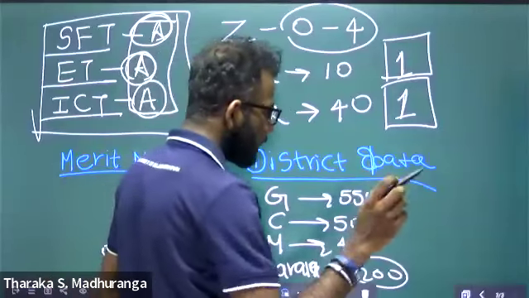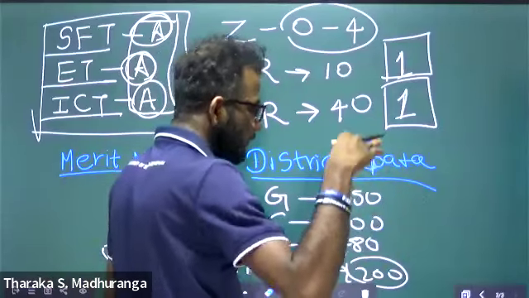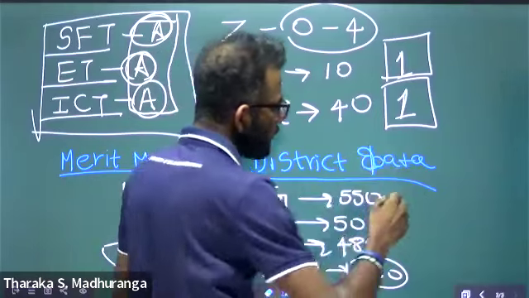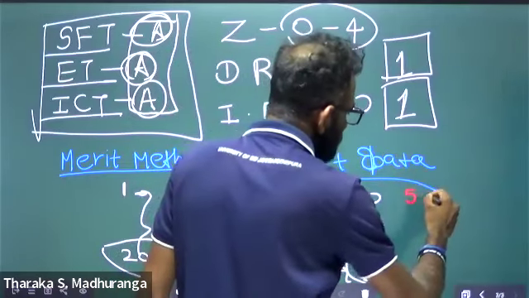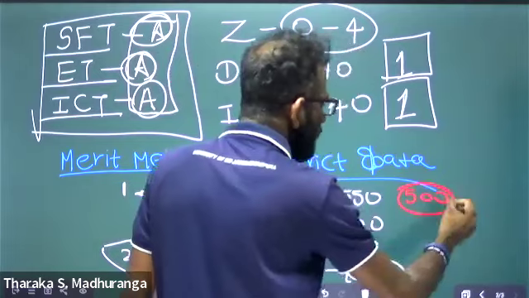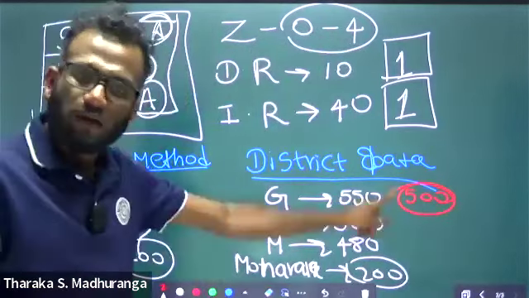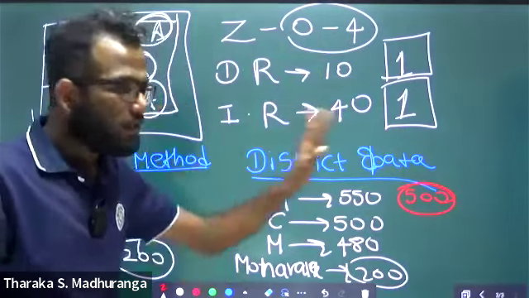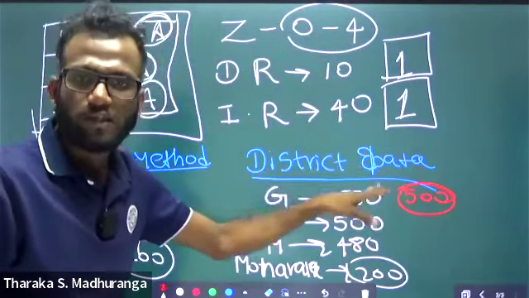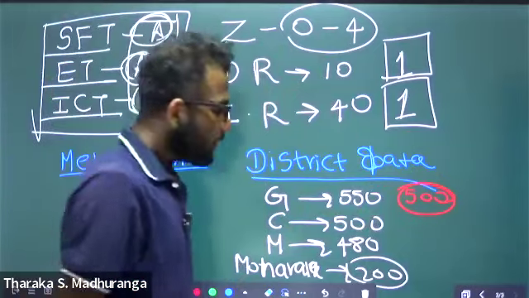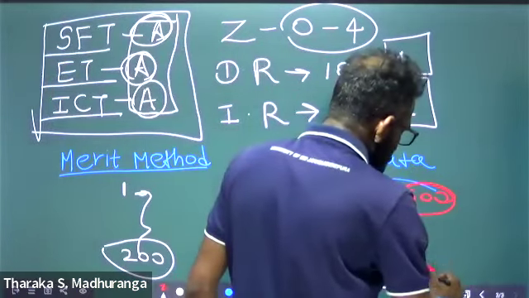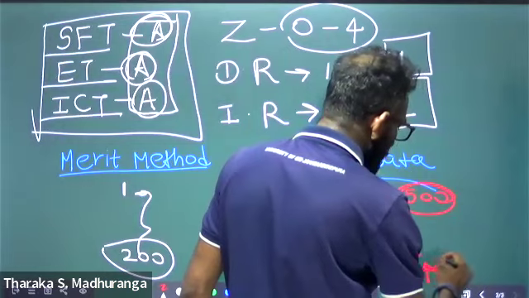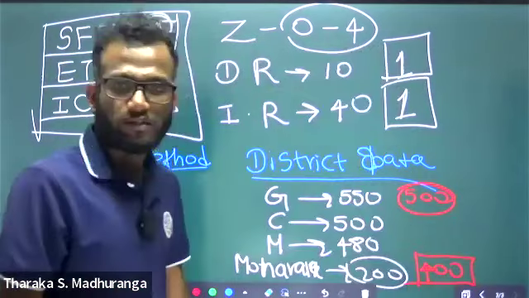I think you can understand this. Think of one student in Gampaha district whose district rank is 500. They can be selected for the university in Gampaha district, no issue. There is another student whose rank is 250 in Monaragala district.